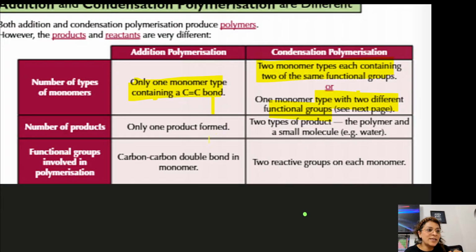Can you type the second one? Thank you, Tiara. Can you tell me the name of the products? How many products are formed in each of them? Double bond, two reactive groups.